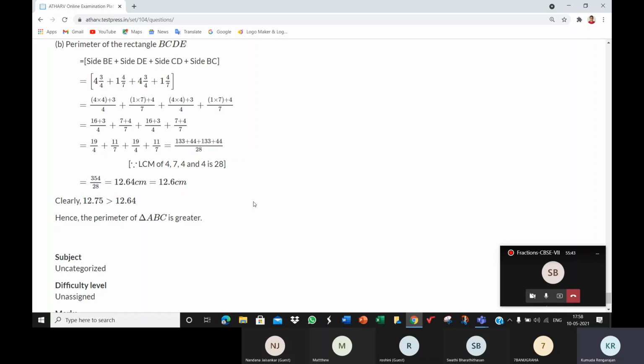Is it divisible by 2? 177. No, ma'am, not divisible by 2. No, ma'am. Because it's an odd number. It's not divisible by 2. Just check if it's divisible by 7. 177. Check if it's divisible by 7. You can divide and check.